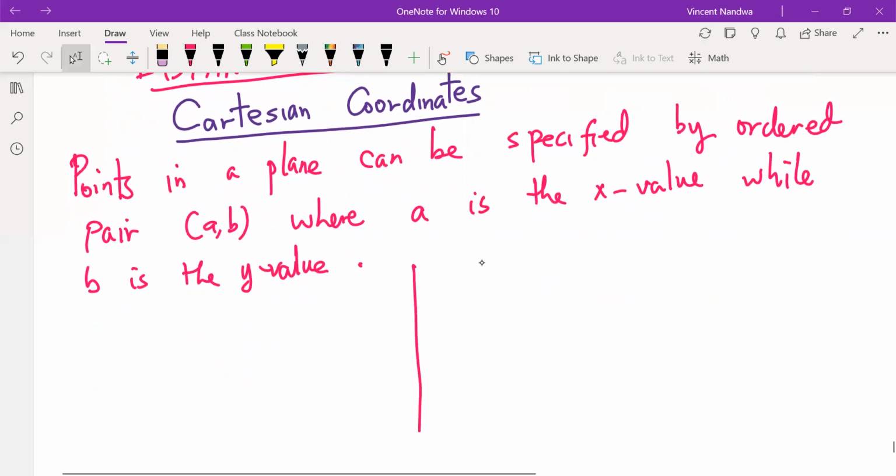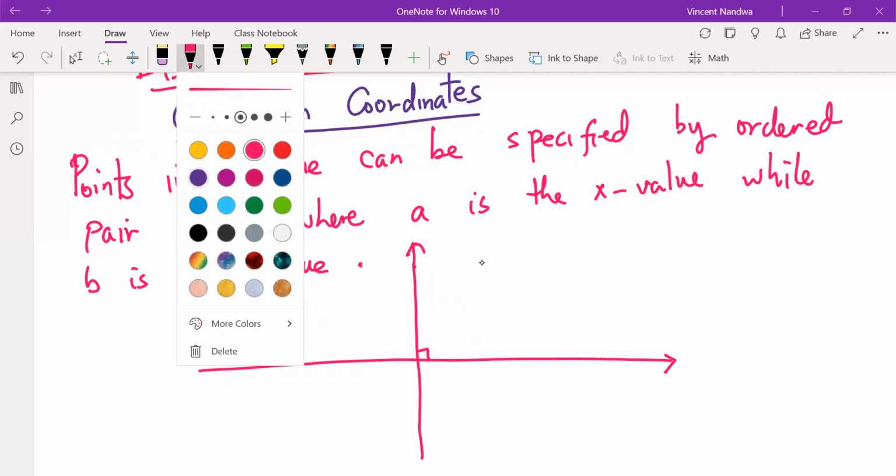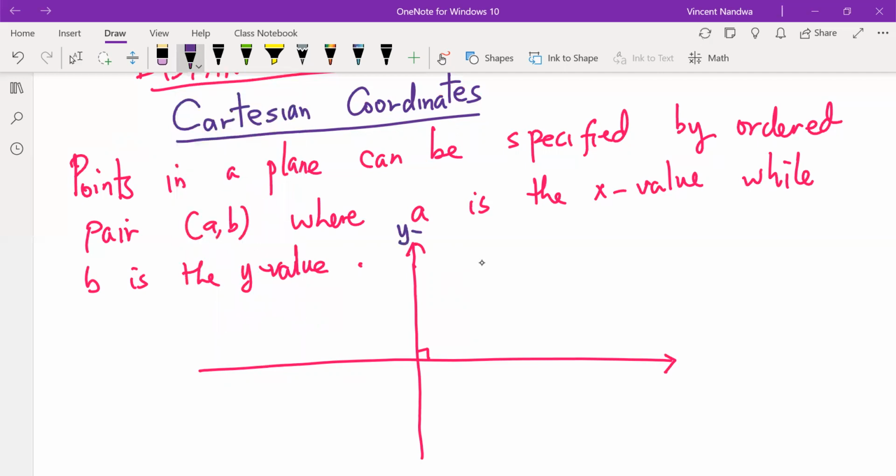So we have this. So these two lines which are meeting at 90 degrees are called axes, and this vertical one is called the y-axis. The horizontal one is called the x-axis. So this point where they meet has 0 for x and also 0 for y.